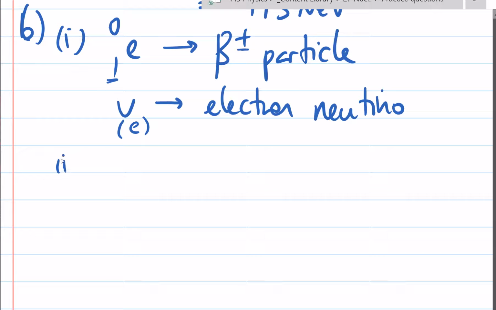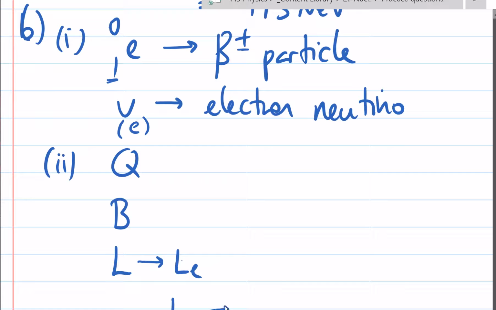2, charge, baryon number, so this is going back to particle physics stuff. So again, we write charge, baryon number, lepton number, remembering we have lepton electron and lepton muon number. We won't need to use lepton muon because we don't have any muons, but it's good to get in that practice. So left hand side, the total charge is 1 plus 1 is equal to 2 plus 0. Both sides equal the same, that's fine.